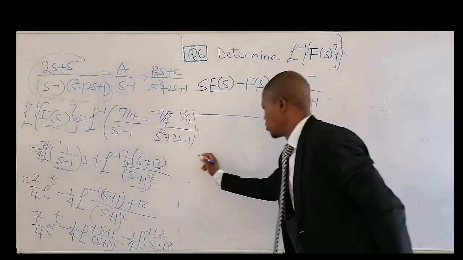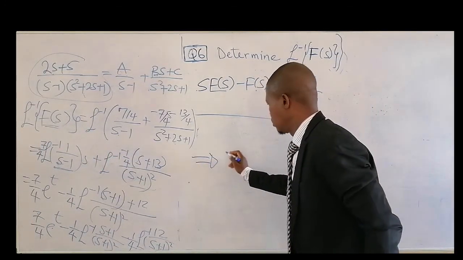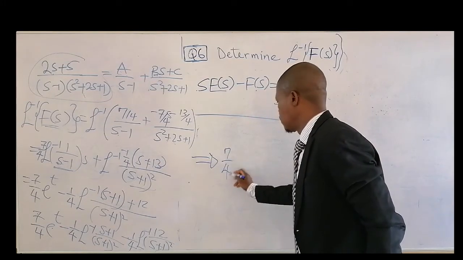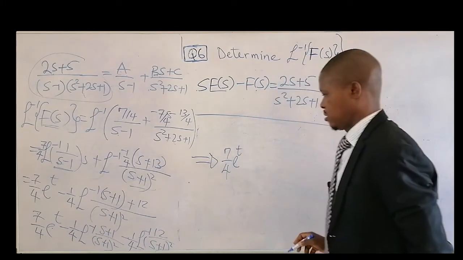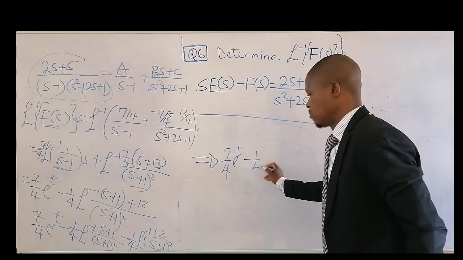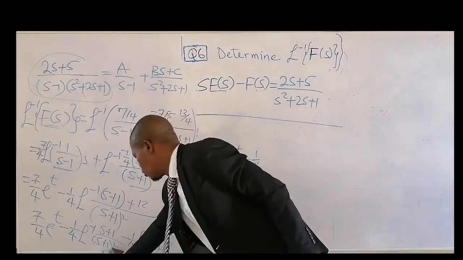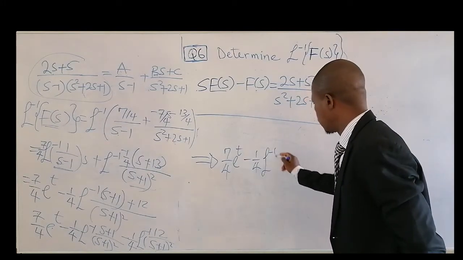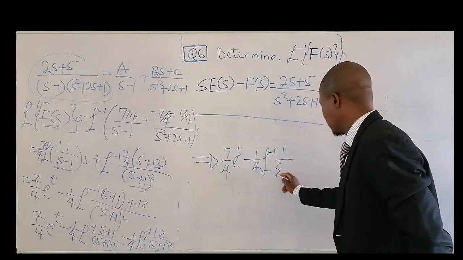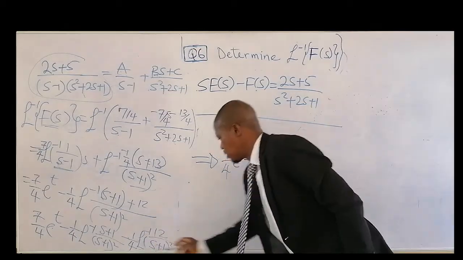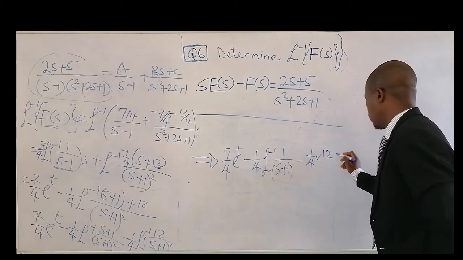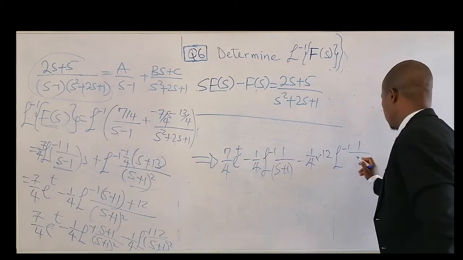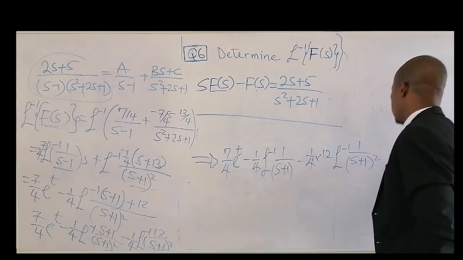So on the final conclusion, our answer will be what? 7 over 4 exponential to power t, then minus 1 over 4. This one will be equal to inverse Laplace of 1 over x plus 1, and that will be what? Times 12. Inverse Laplace of what? 1 over what? X plus 1 squared.